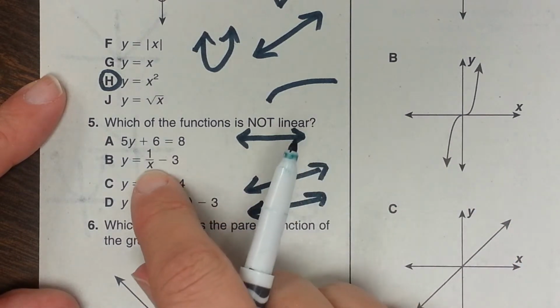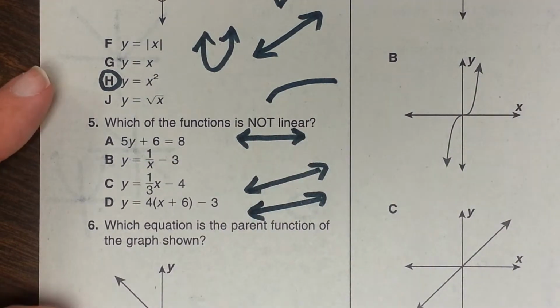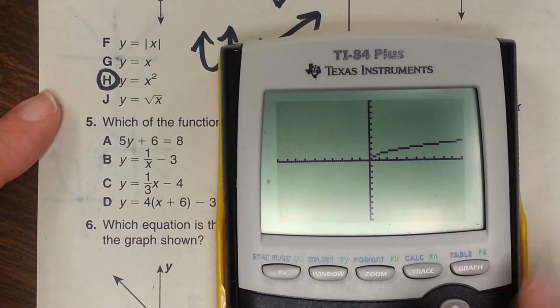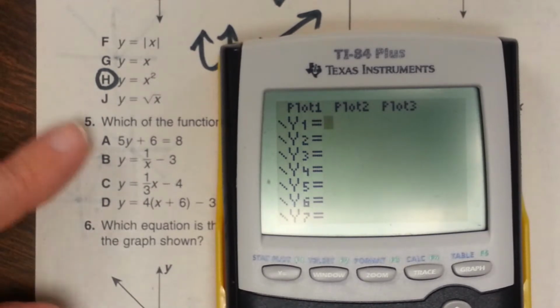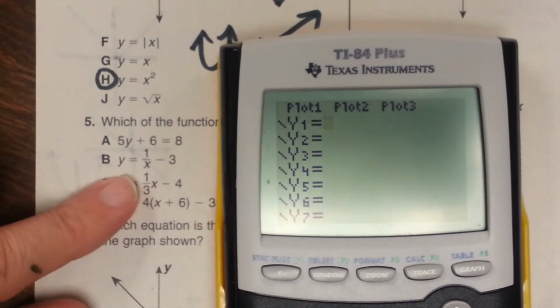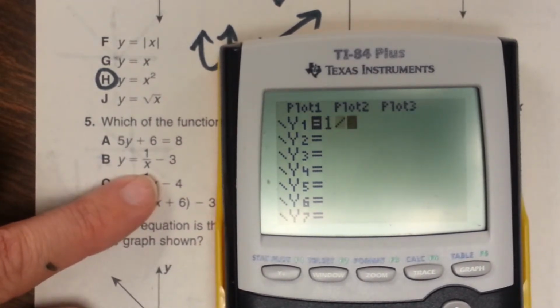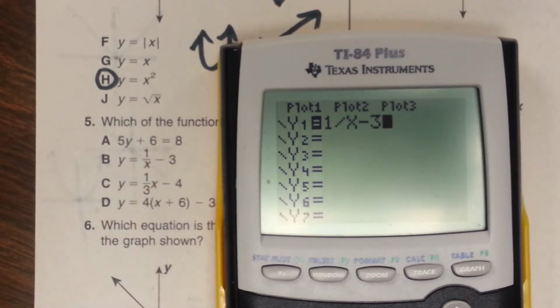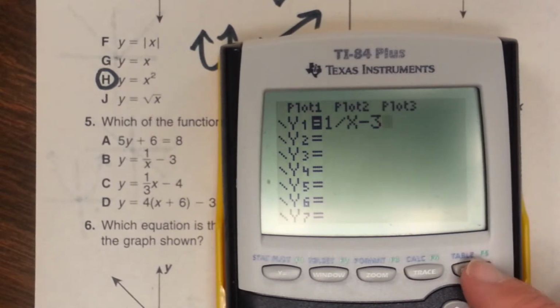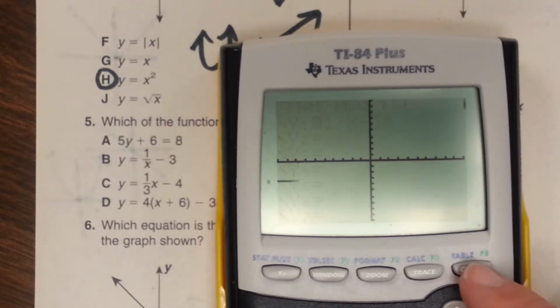Now why is this one different? It gives me this 1 over x. Well, let's look. In our calculator, if we go to y equals, we type in 1 divided by x, and then a minus 3. You could also put that 1 minus x in parentheses if you wanted to. Go ahead and press graph.